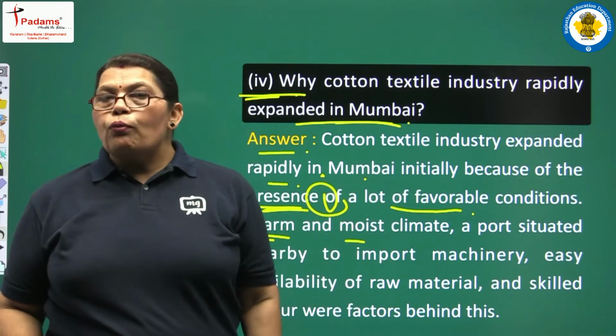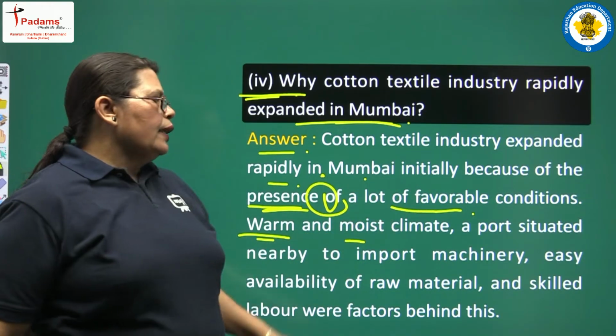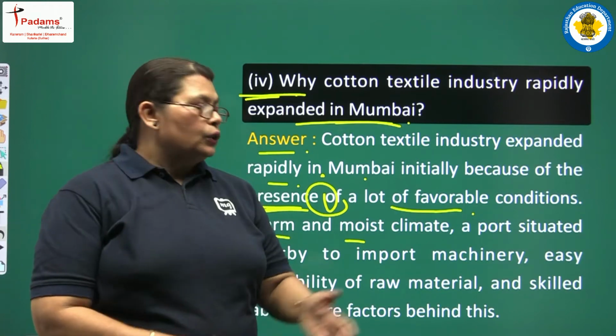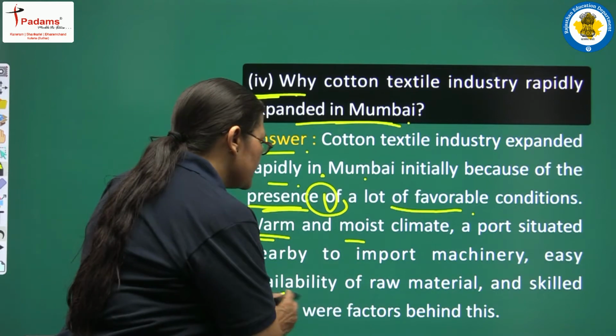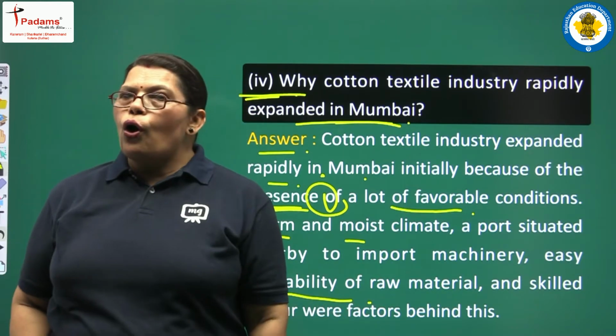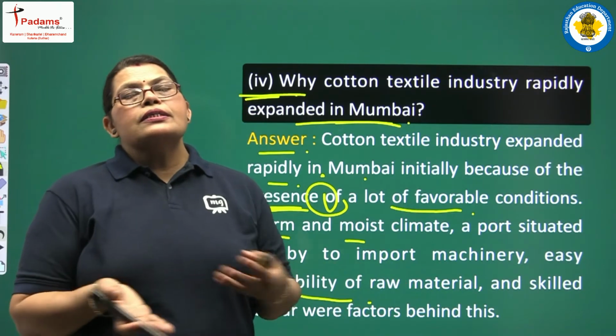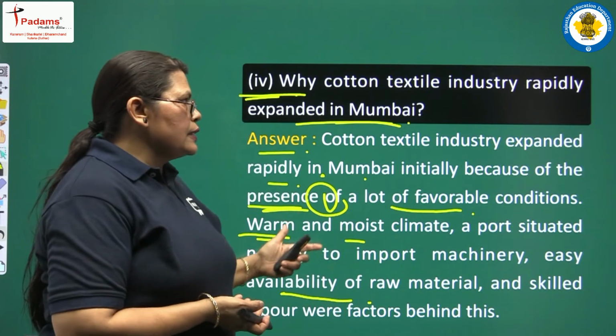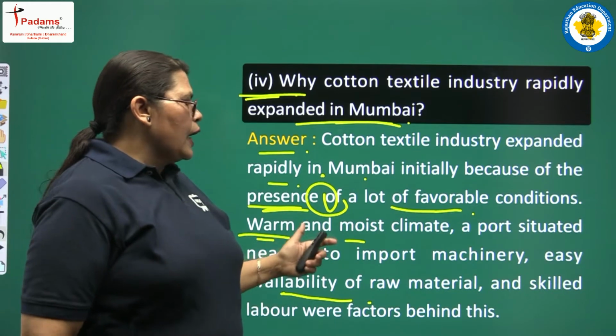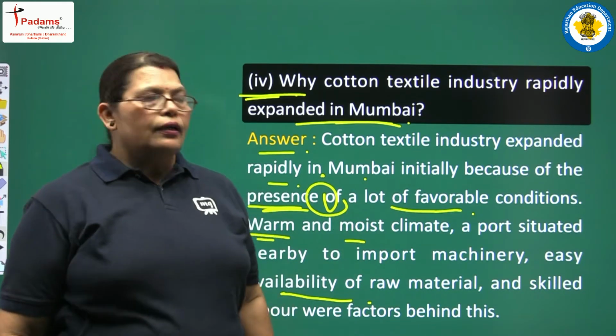Second one is the port situated nearby to import machineries. So, port facilities are also necessary. Next one is the easy availability of raw materials. Raw materials are mainly used, so it is a necessary factor for the expansion of industries in Mumbai.